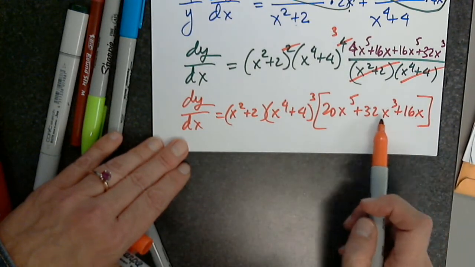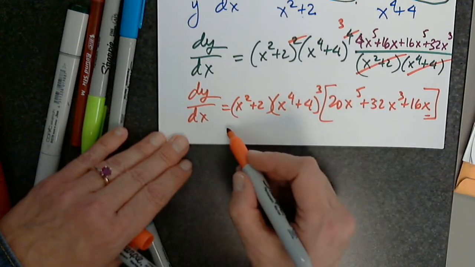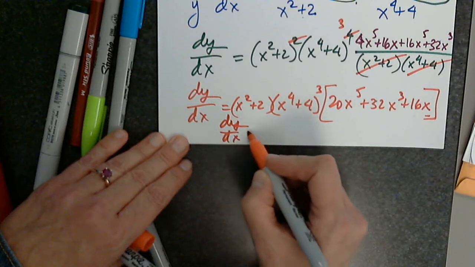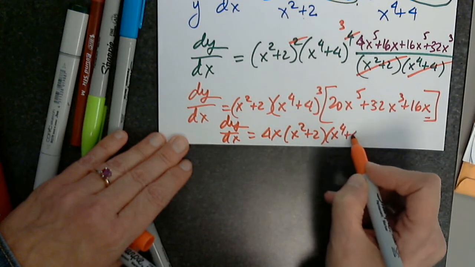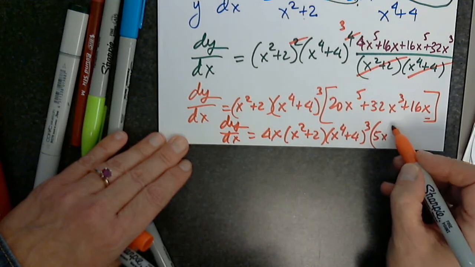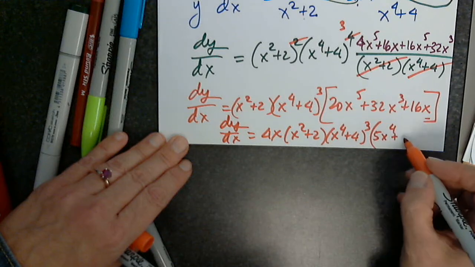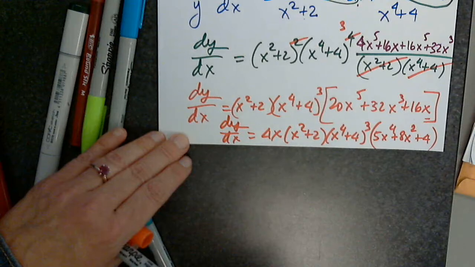So now I will factor out a 4. Can I do more than 4? No, a 4x. So dy over dx is 4x, x squared plus 2, x to the fourth plus 4 to the third. And then I have 5x to the fourth plus 8x squared plus 4.